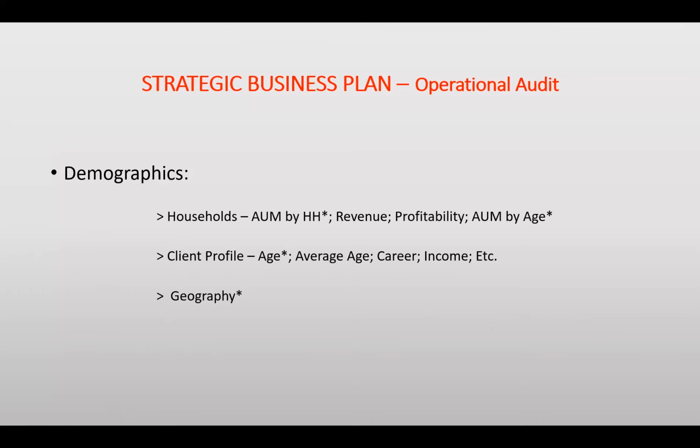You should know how many households you have, your average assets by household, and be able to break down the revenue and profitability for each household. If you're making $500 on somebody and you're spending 10, 12, 15 hours a year dealing with them, guess what? You're not making any money.